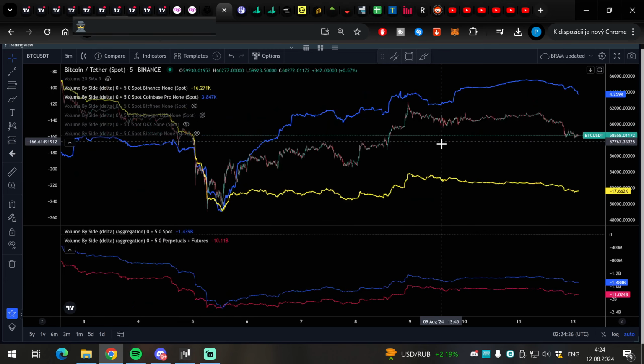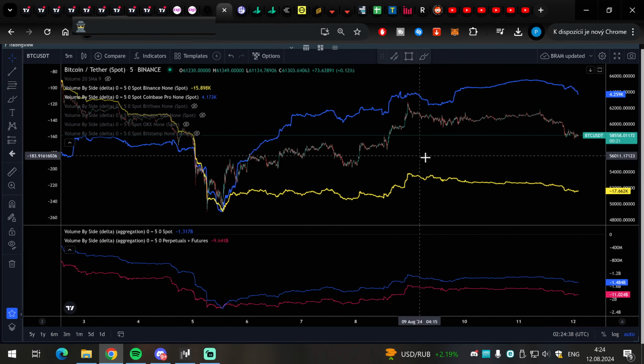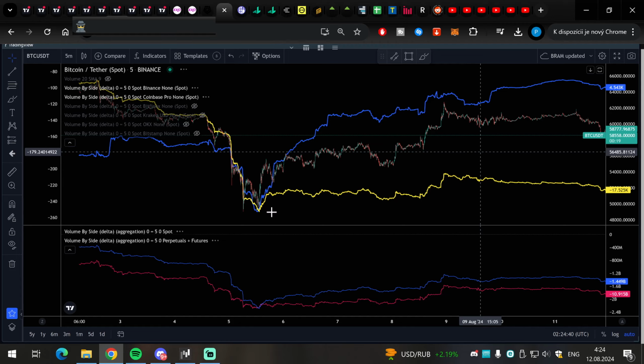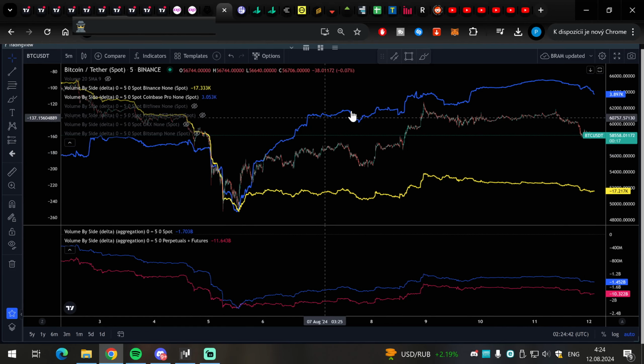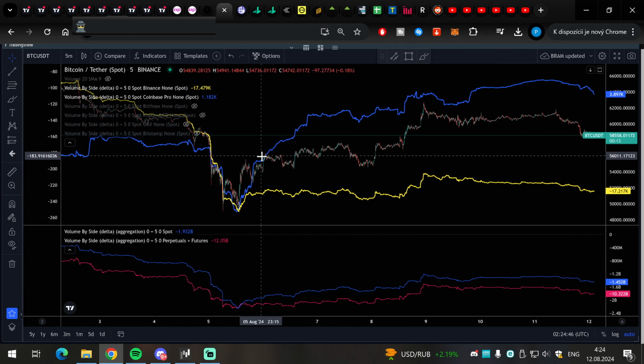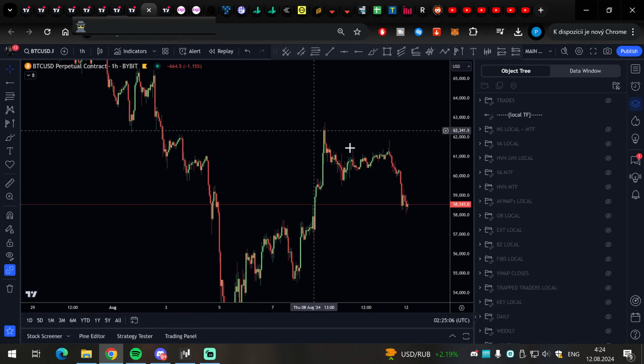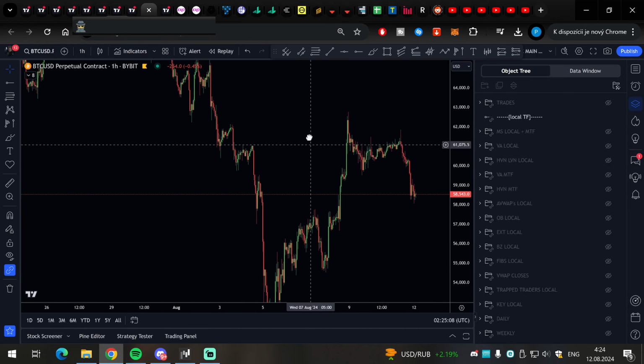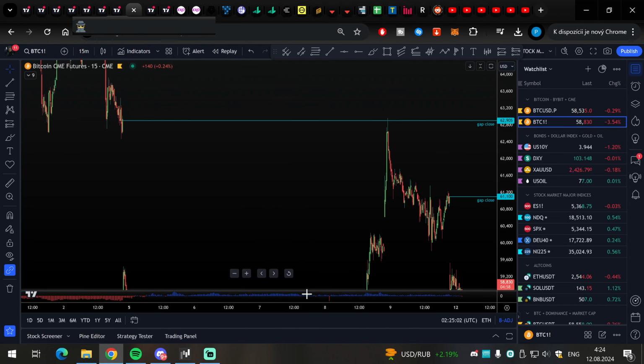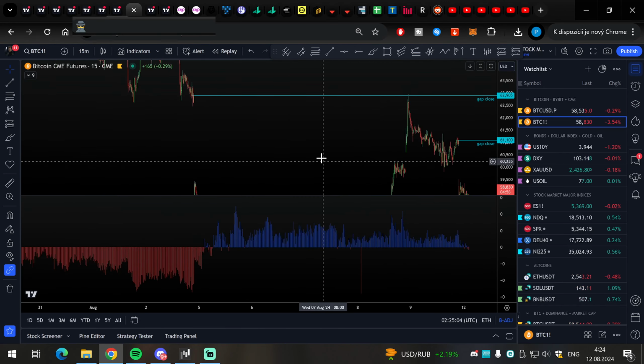CVD, how is CVD looking? 5-minute time frame. You see who was leading the move to the upside. Coinbase was moving to the upside. Why Coinbase? Very likely ETF buyers who never had exposure in Bitcoin from 50k, they were buying the dip heavily. We can actually look at premium and it's going to confirm what I'm saying.